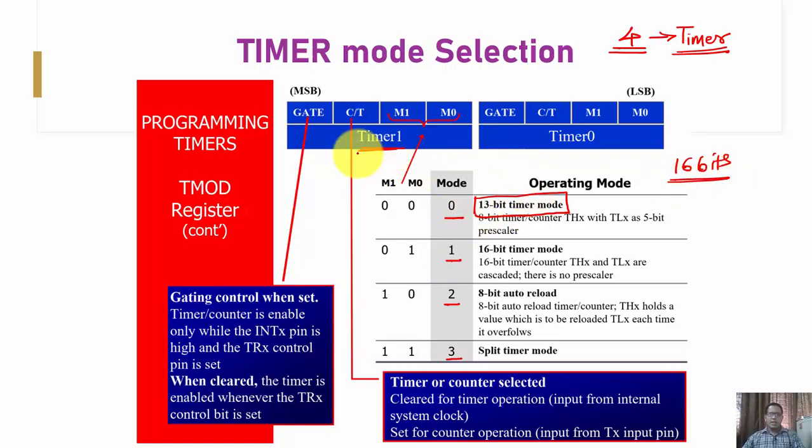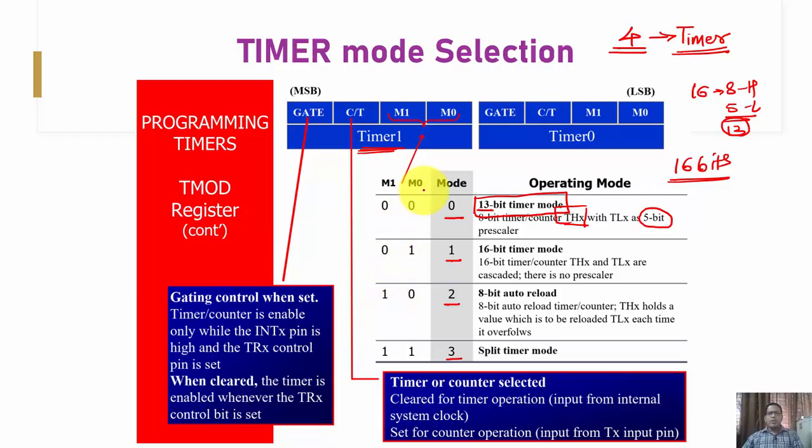Out of the total 16 bits of timer 1, only 13 bits are used: all the higher 8 bits, and out of the lower 8 bits, only 5 bits are used in this mode. In this way, higher 8 bits and lower 5 bits, a total of 13 bits, are utilized in mode 0.